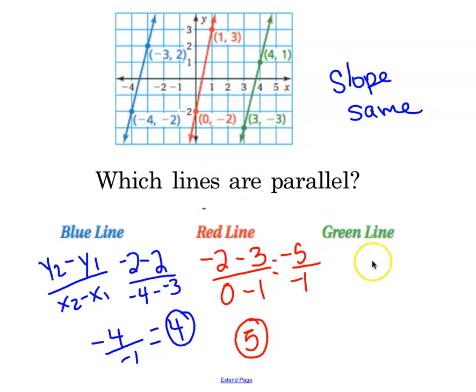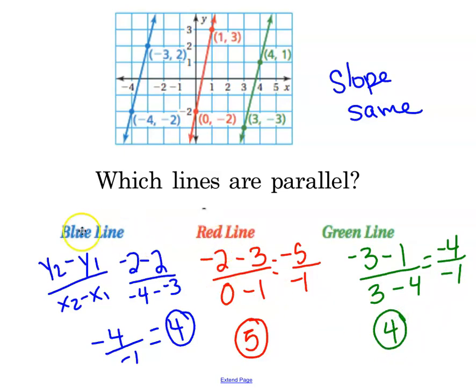So the green line, same thing, y2, -3, minus 1, because that's y1, over x2, which is 3, minus 4, which is going to give me -4 over -1, which gives me a slope of 4. So in this case, the blue and the green line are parallel. They have the same slope. Even though when you look, the red kind of does look parallel, it is not parallel. It does not have the same slope.